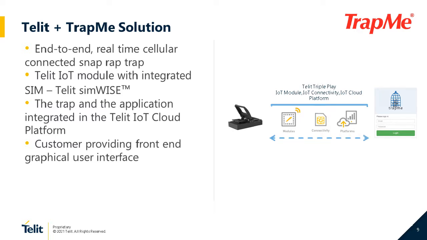So first generation TrapMe is already deployed widely in tens of thousands of units in the EU market, leveraging the 2G GSM G4S technology modules from Telit, and including the SIM-wise integrated SIM functionality.